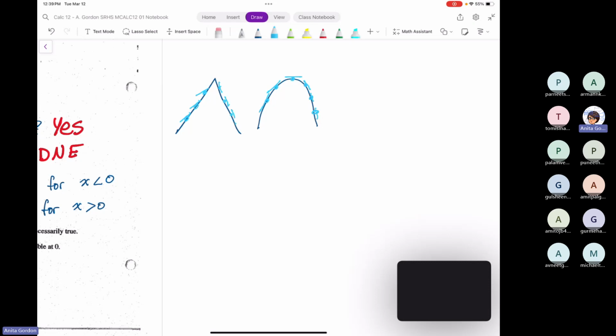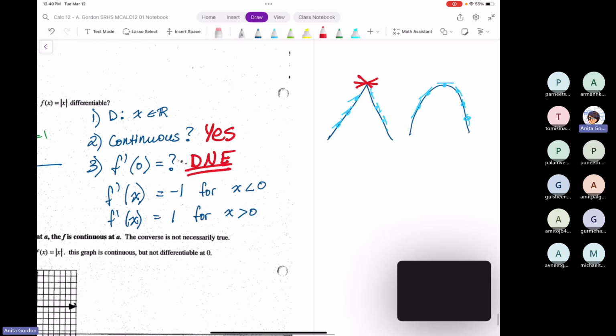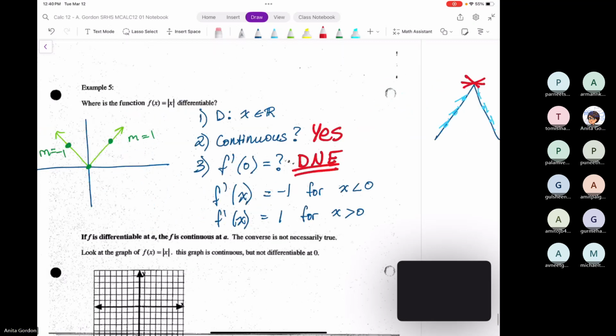But at the top, when you have a sharp peak, you could, in theory, draw a tangent like this, or like this, or like this, and it doesn't really matter because it's touching the corner at one point. So we have a graph that has a tangent, in theory, but it's not a distinct one. And so when you have a corner, it is not differentiable on the corner.